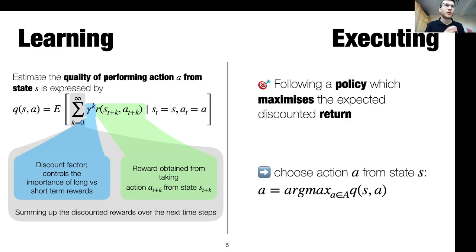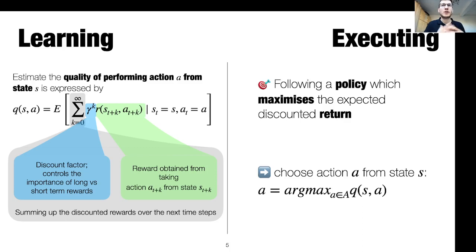In the learning, our goal is to estimate the quality of performing an action from a state. It is called a Q value and it is expressed by the equation that you see on the slide. It doesn't only depend on the immediate reward, it also depends on the subsequent rewards that you will get in the states after. So it is discounted, and you can control the discount factor.